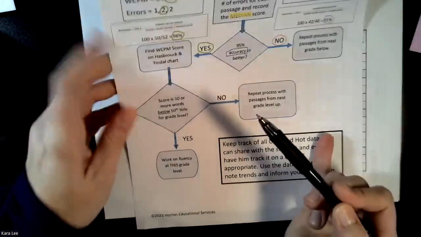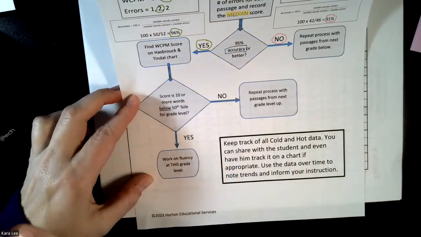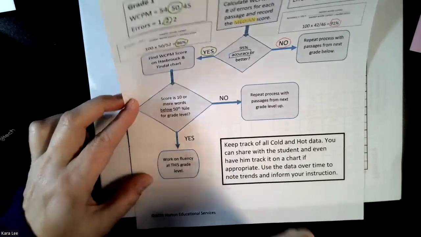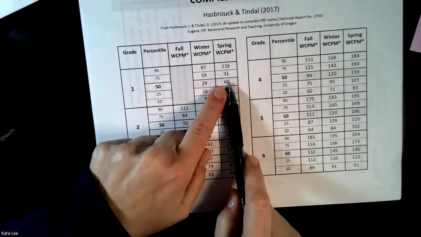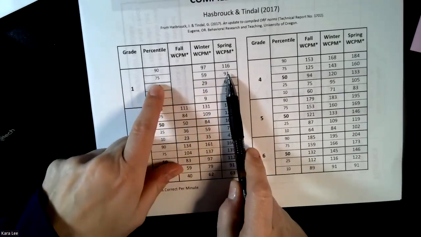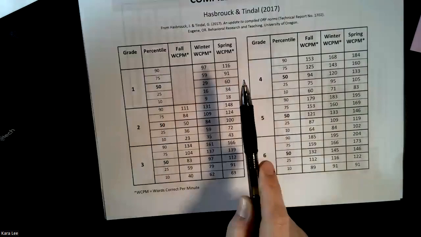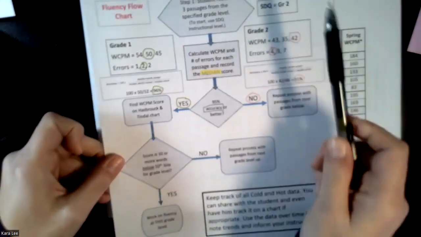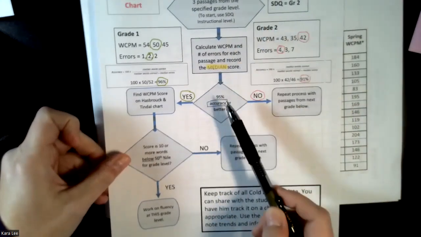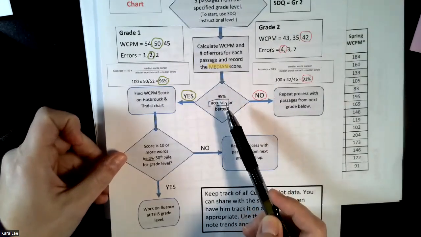So if that were the case, then I can still work on improving that student's fluency, because honestly, what would be great is if they were at the 75th percentile. Okay, so you're still not going to go up to grade 2, because first of all, you already did, and you cannot work on fluency until you're at 95% accuracy.